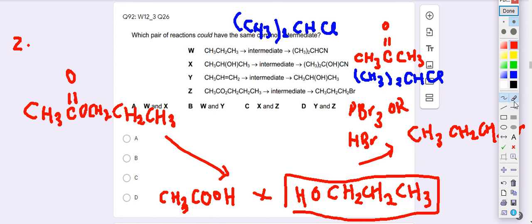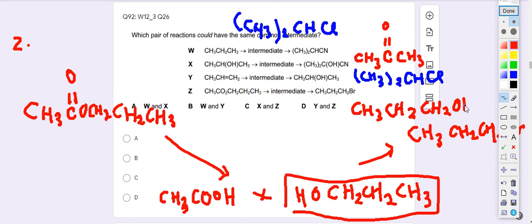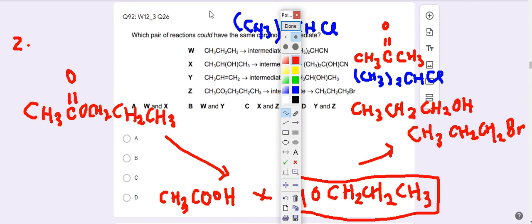Okay, so I'm going to erase this. I just want to make space for writing the intermediate for Z. CH3, CH2, CH2, OH. This is the intermediate.